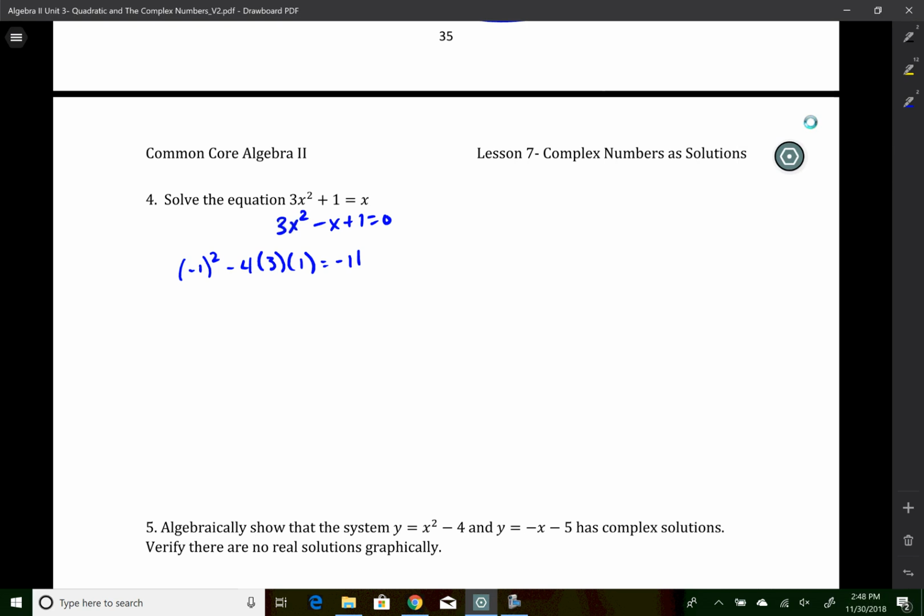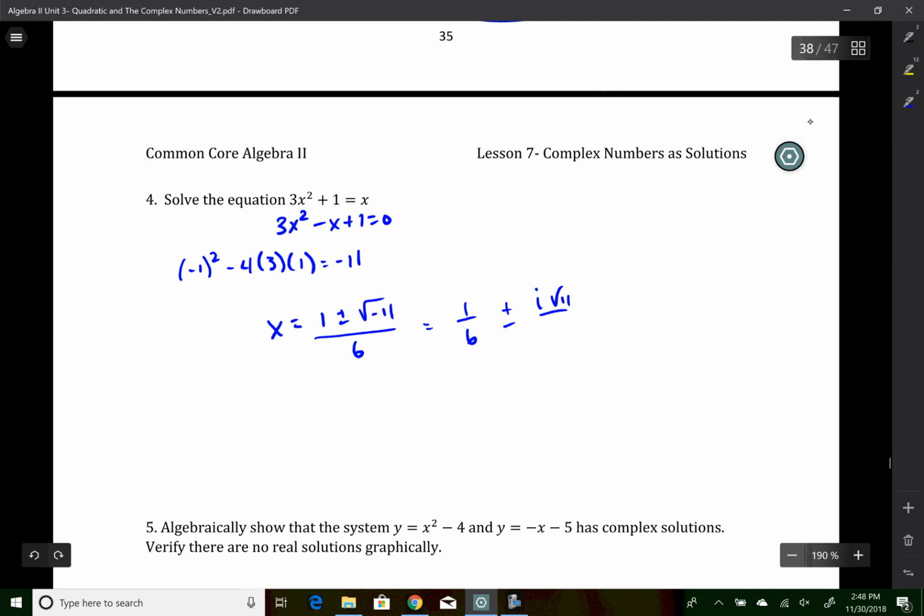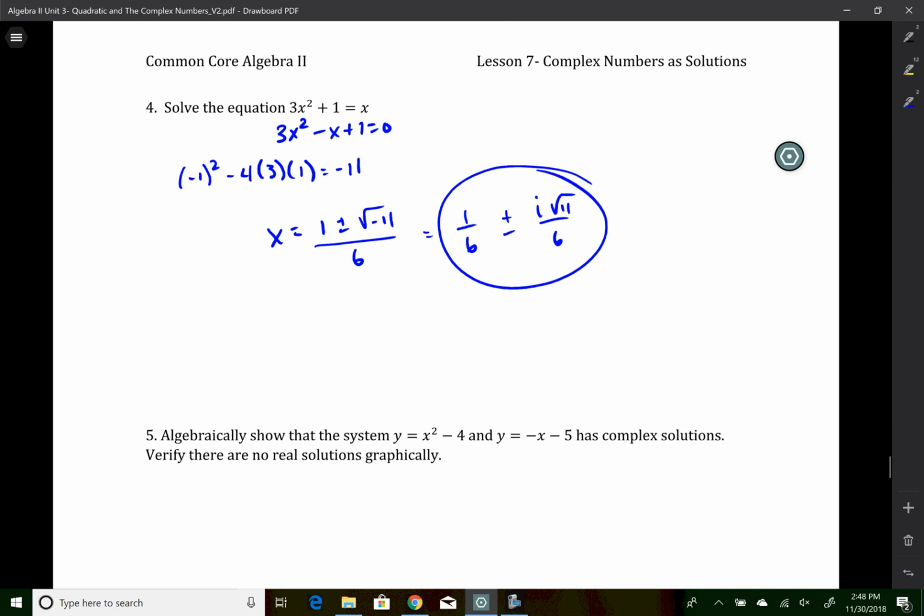And because we have negative 11 there, we now know, again, two complex solutions. So I could say x is equal to 1 plus or minus the square root of negative 11 all over 6. So then I can rewrite that as two separate fractions, 1/6 plus or minus i square root of 11 over 6. Square root of 11 can't be simplified, so I'm done. That actually was an easier one compared to the others.